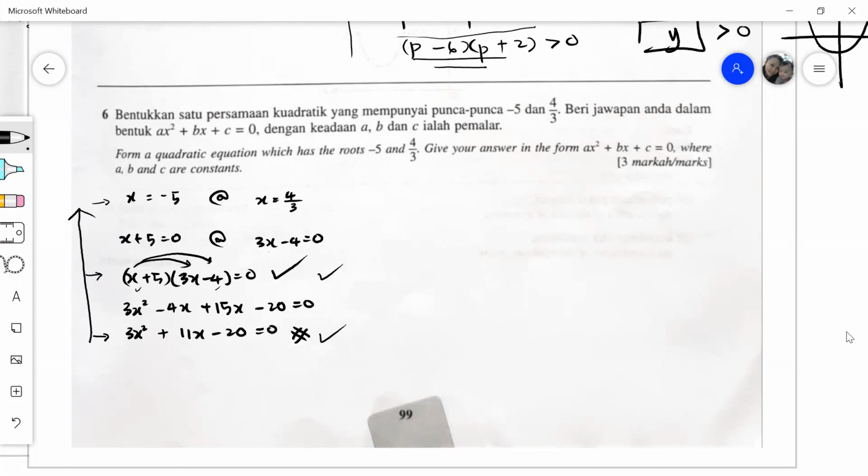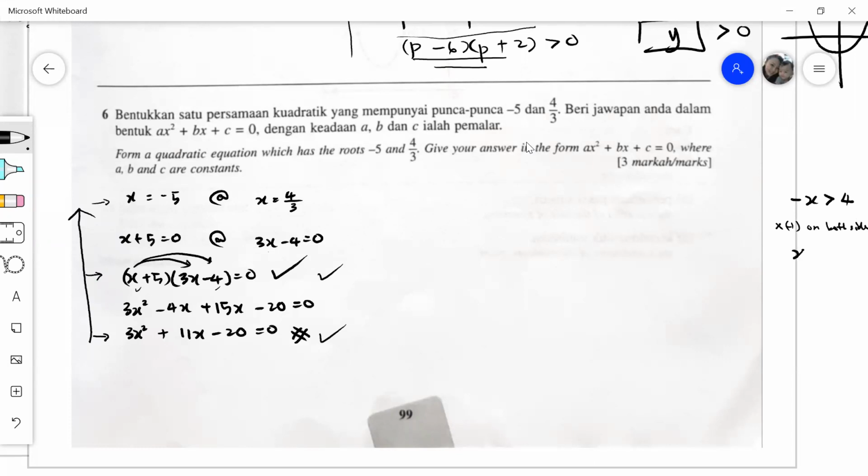Okay, Andy, just now your question is, in what case do we need to change the direction of the arrow of inequality when we multiply or divide the inequality by a negative? For example, let's say negative x greater than 4. I want x, I don't want negative x. So I multiply both sides by negative 1.